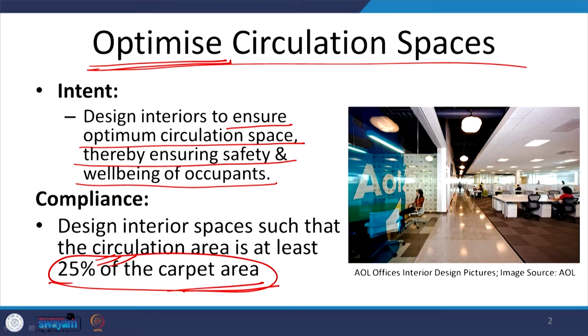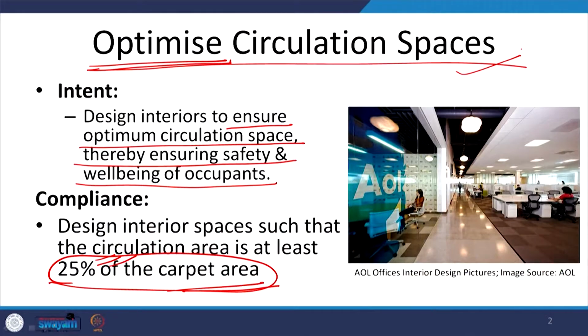If we look at codes like NBC, it clearly prescribes the amount of circulation space which should be provided in an area. So, both the mandatory criteria must be fulfilled if we want to optimize the circulation spaces. Now, optimization of circulation space is required for the safety and well-being of occupants.